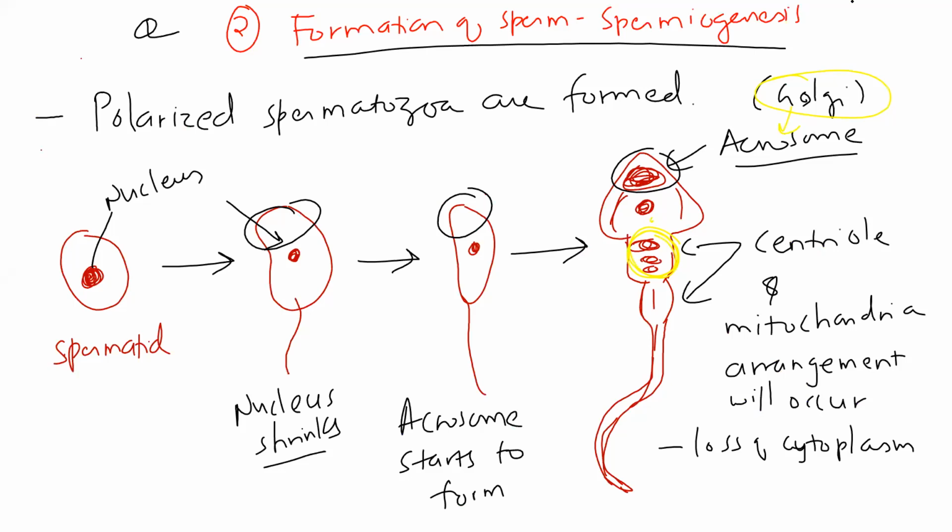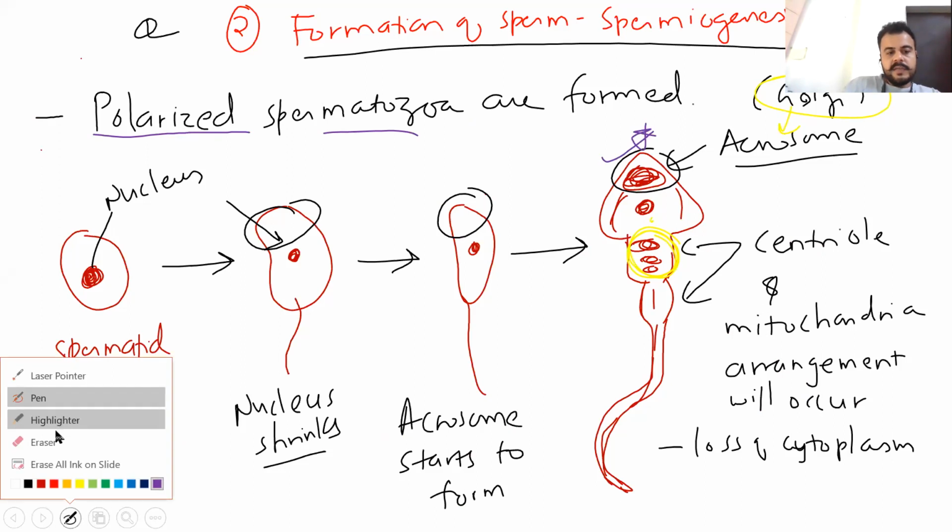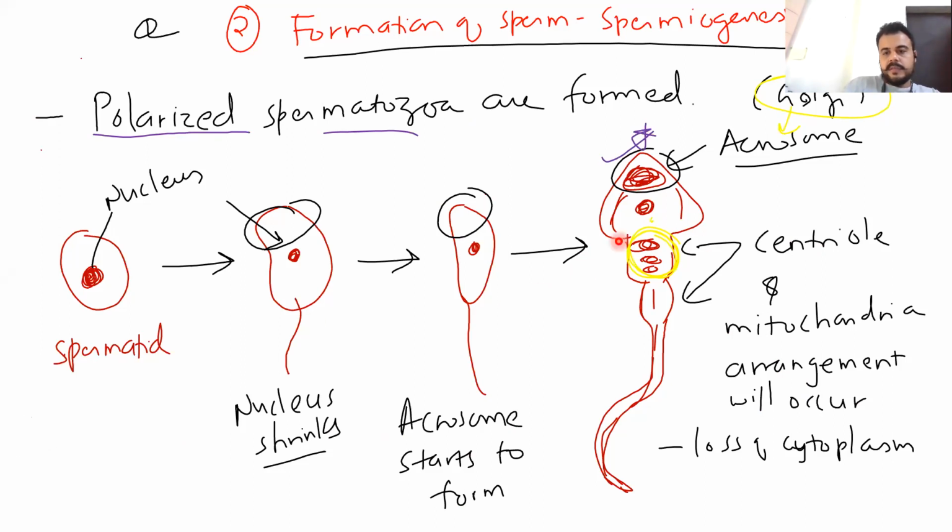So what will happen once again in this process? Polarized means the nucleus will go to one of the ends, as you can see over here. The nucleus will shrink, cytoplasm is lost, the acrosome or head will form, and centriole and mitochondria will get arranged in this part.